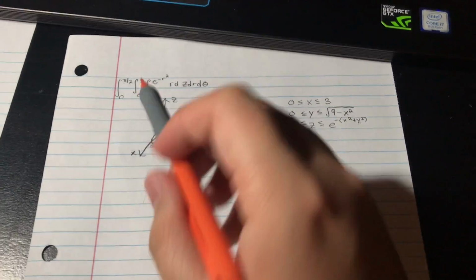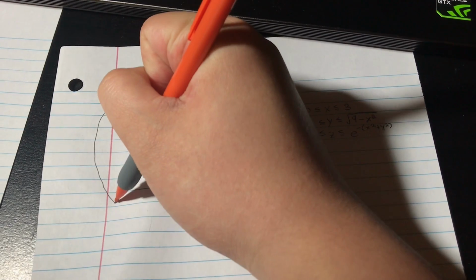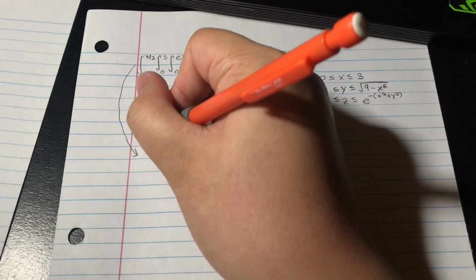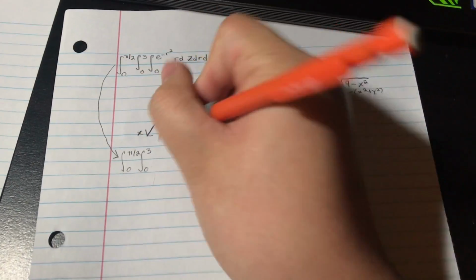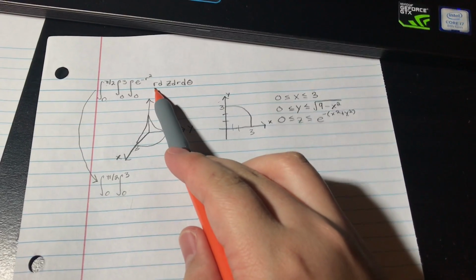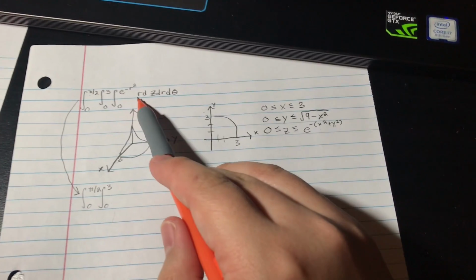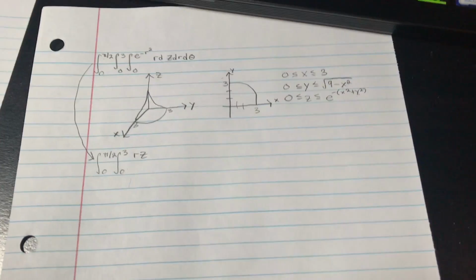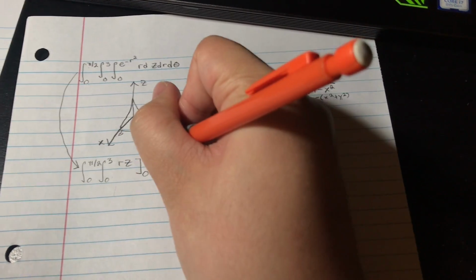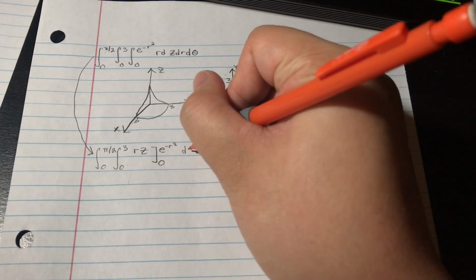Okay, now that we understand that, let's go integrate. So 0 to pi over 2, 0 to 3, and here's the function r dz dr d theta. So we evaluate z first. That means r is a constant, so we just do r z evaluated from 0 to e to the negative r squared, dr d theta.